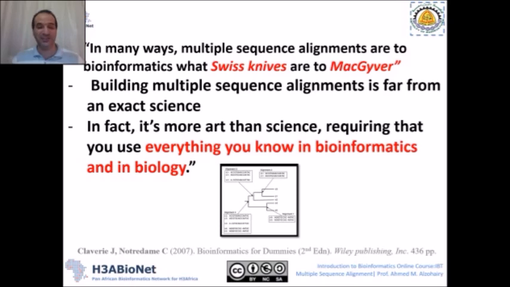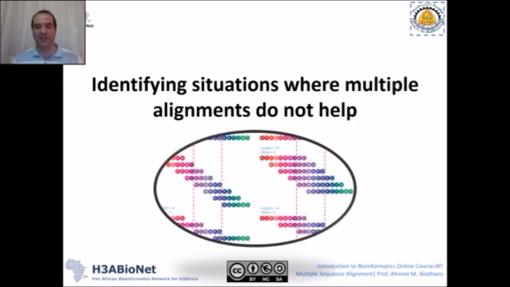But actually it's not a science, it's an art, and you have to use all the information you have, all the knowledge you have in biology and bioinformatics to interpret your data and extract a lot of information from your multiple sequence alignment.